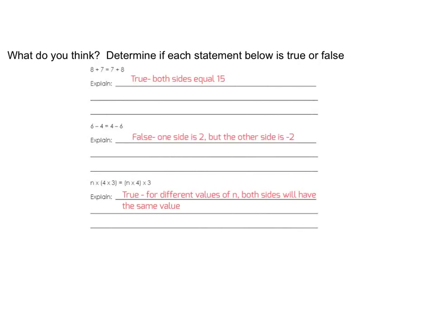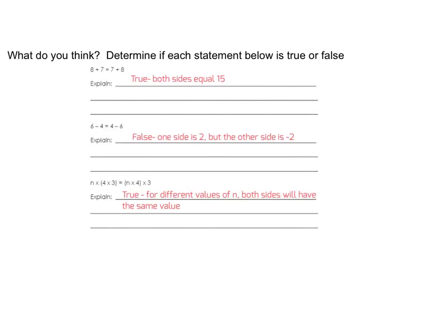All right, take a look at these answers. The first one I think is pretty clear that it's true because 8 plus 7 is 15 and 7 plus 8 is 15. The second one, we haven't done too many problems like this, so you want to really look at this carefully. 6 minus 4 is 2, but 4 minus 6 is actually negative 2. And you have to go way back to our number lines.